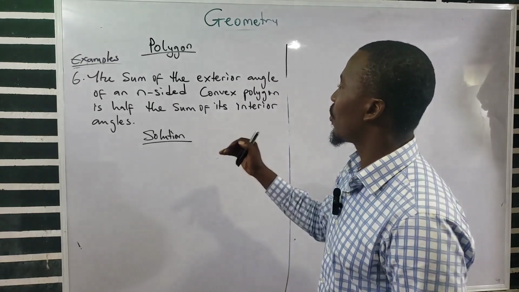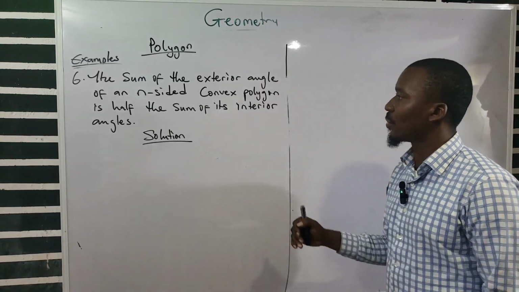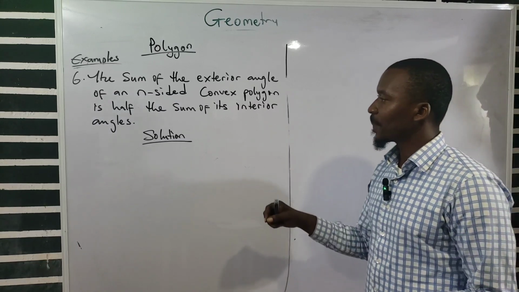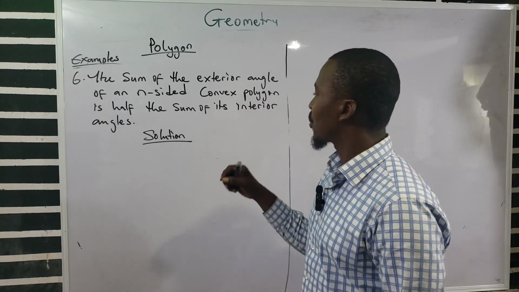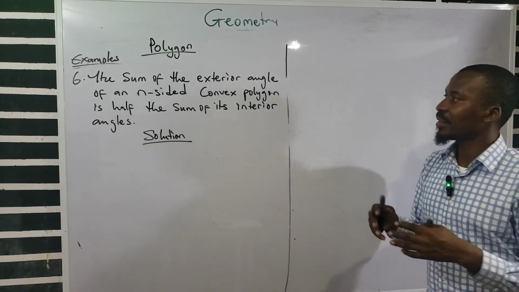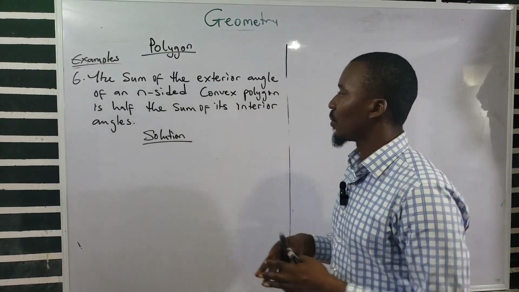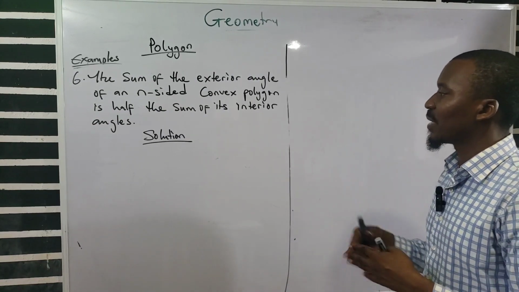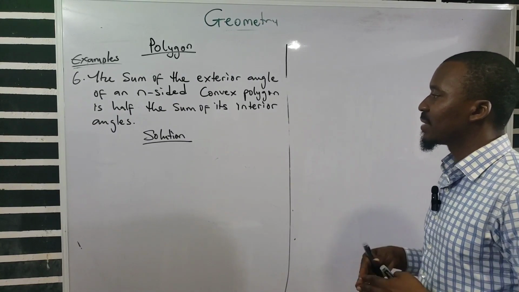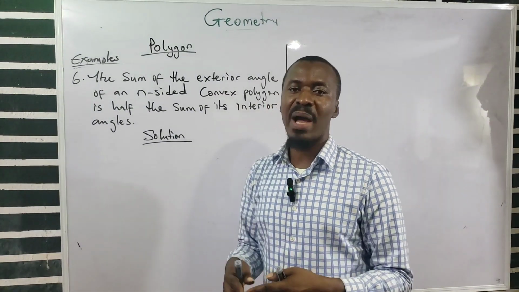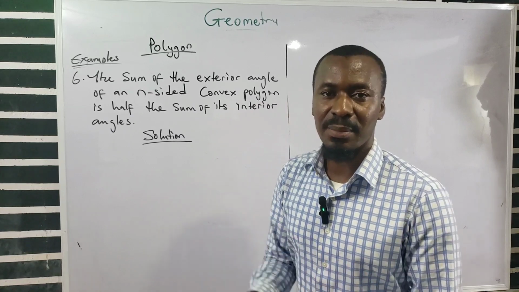It says that the sum of the exterior angles of an n-sided convex polygon is half the sum of its interior angles. Now, question: what do we mean by a convex polygon?